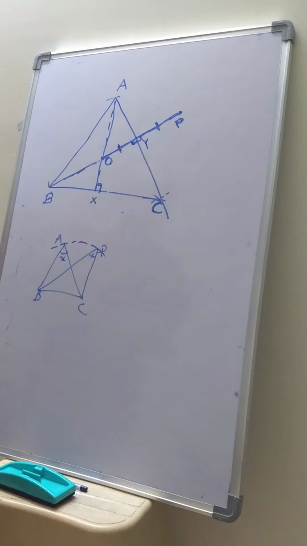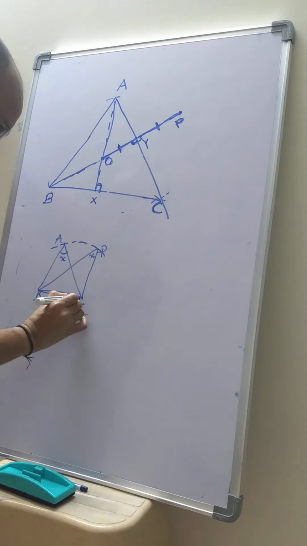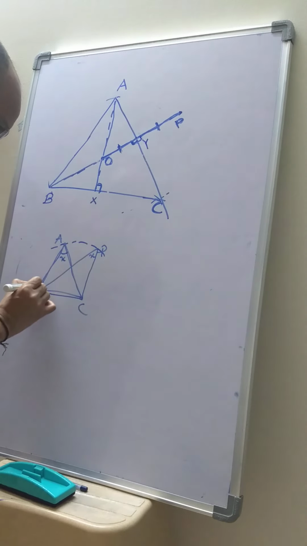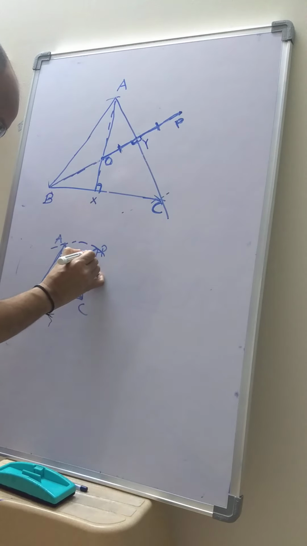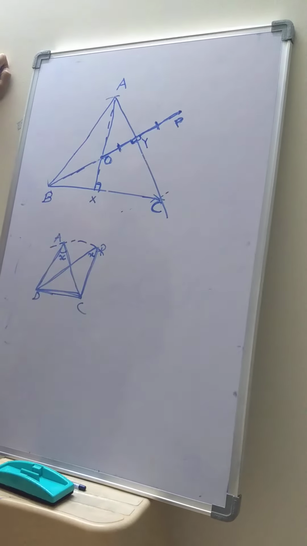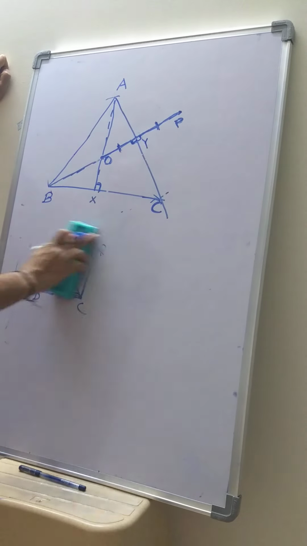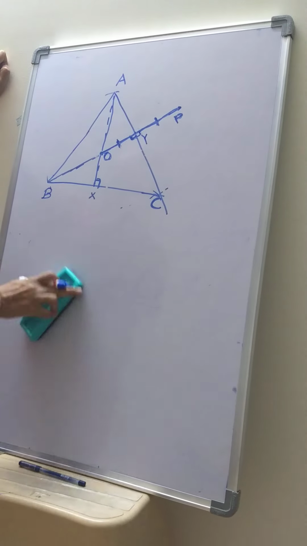Because this is the property of a circle: a triangle inscribed within a circle has angle X, and another point on the circle with the same chord gives the angle also X, right? Correct?